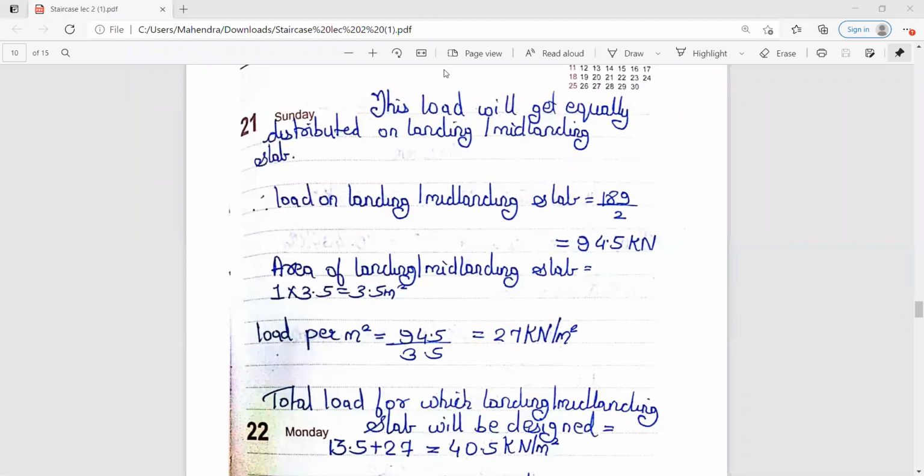Okay, completed. Okay. What about others? All had completed? Only one reply is there. Okay.